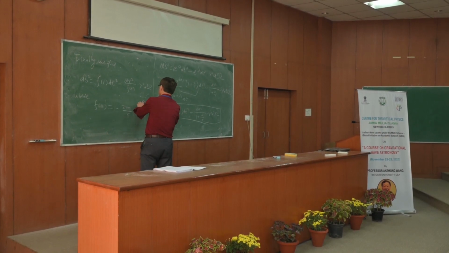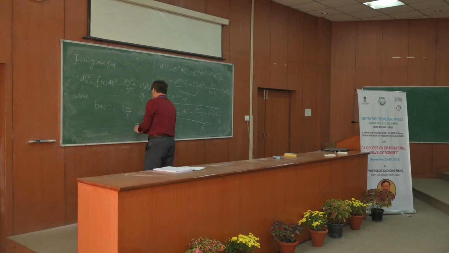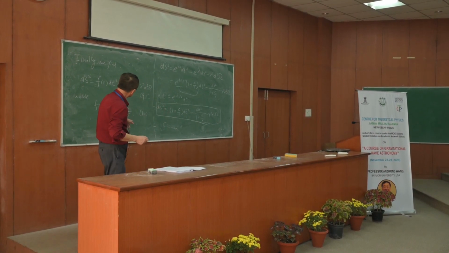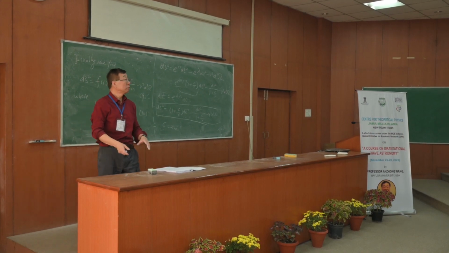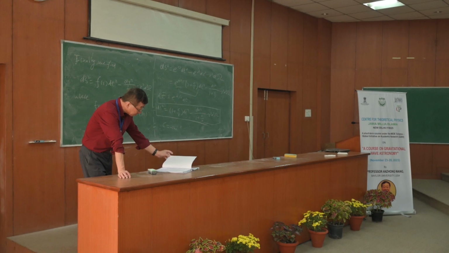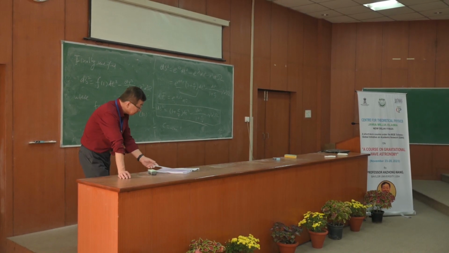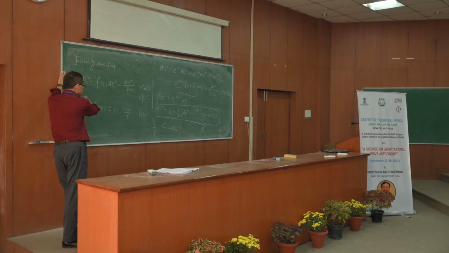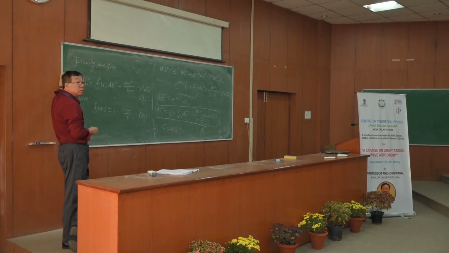This will be equation 9, let's call it 10. If the numbers are not correct, please change this. So this is the famous Schwarzschild solution, right? Then if you want, you can check that this solution indeed has spherical symmetry.